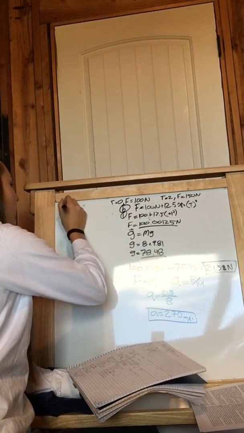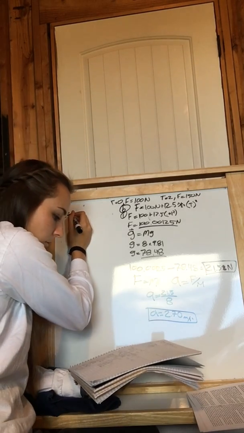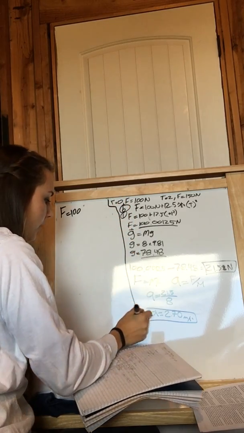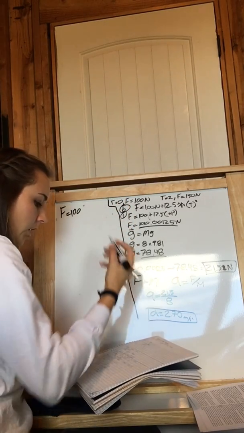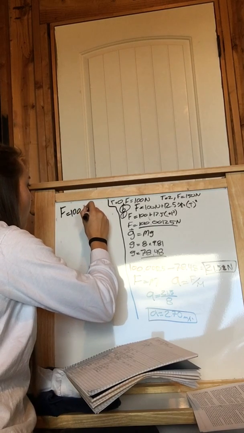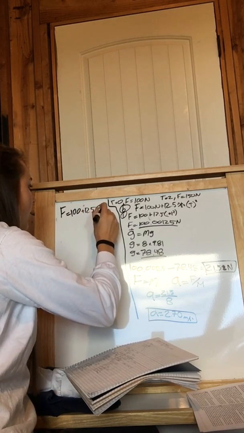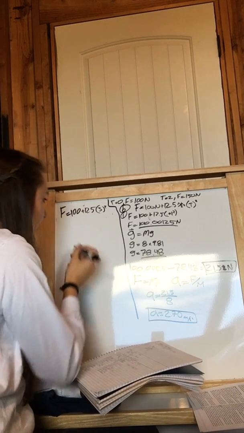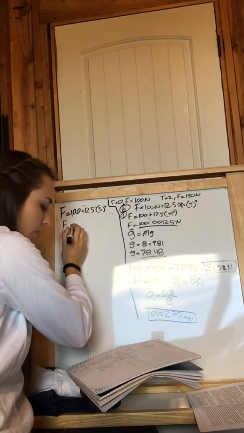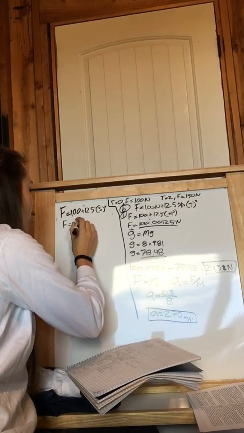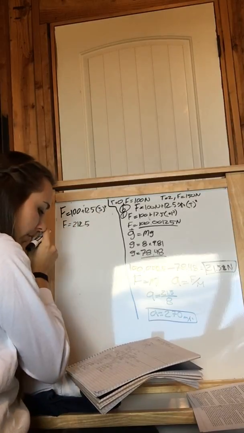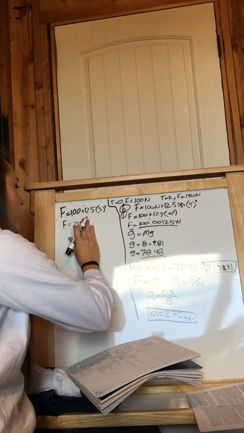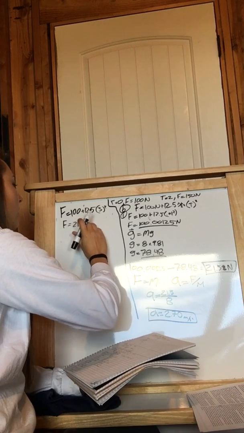Here, I'll draw a line so we don't get confused. So force is going to equal 100 plus 12.5 times 3 squared, which is going to equal 212.5. Which, if you round, is 213 newtons to get to the proper sig figs.